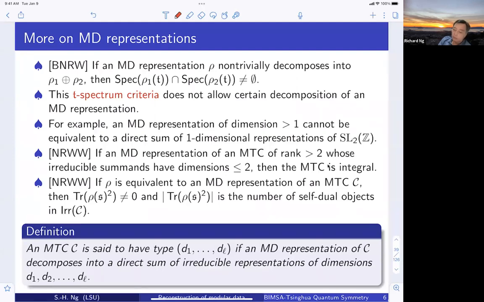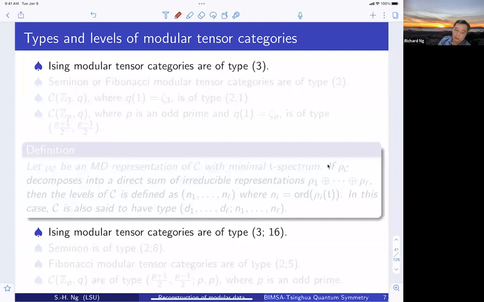It's very rough, but at least it's a start. So let's take a look at some examples. For example, you have the Ising modular tensor categories. There are many of them, since we always include Galois conjugates of a modular tensor category. If you have one, you can always apply the Galois symmetry to get more. So the Ising categories all have type 3.